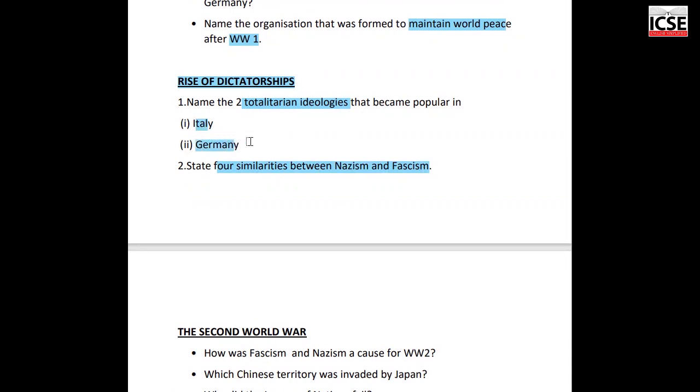In Germany, it was Nazism. Who made it popular in Italy? Benito Mussolini. Who made the totalitarian ideology of Nazism popular in Germany? It was Adolf Hitler. Have a good look at the picture of both these people, Benito Mussolini and Hitler, and the similarities. There was a question on the specimen paper where it was asked, which is not a similarity. So be thorough with that.